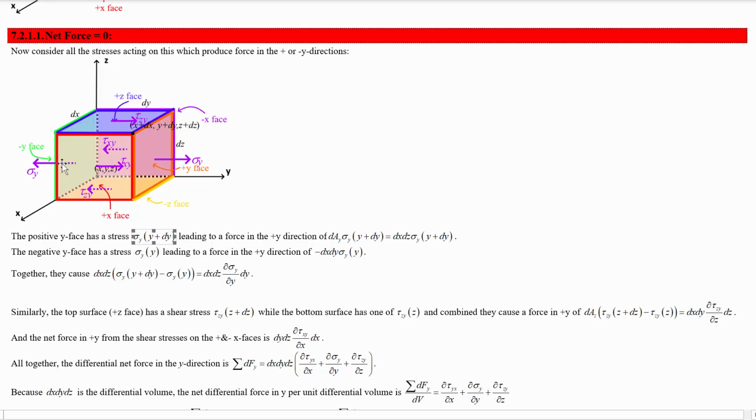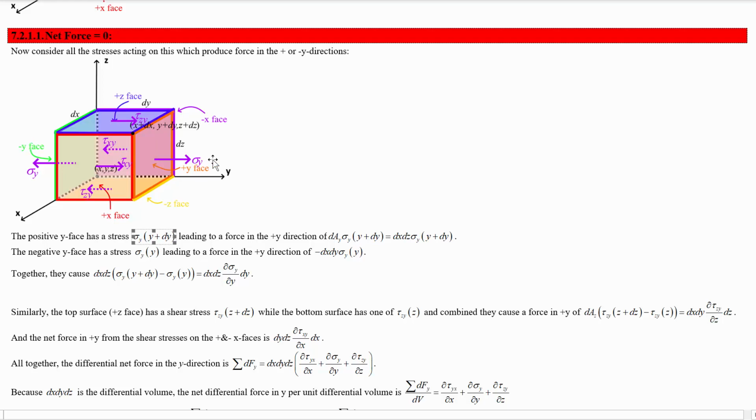While we have a normal stress on the negative y face producing a force in the other direction, which would be the same area, dx dz, times sigma y at y, because that's the location of this face. So sigma y at y is the stress on this face in that direction, and sigma y at y plus dy is the stress on this face, which is in the direction to the right.